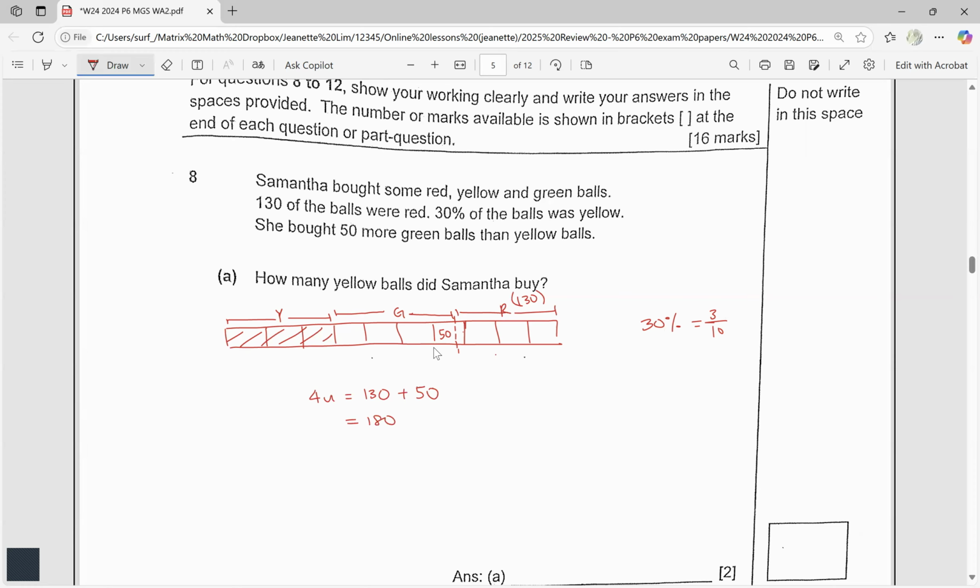To find 1 unit, 180 divided by 4, which is 45. How many yellow balls did Samantha buy? That's 3 units. So 3 times 45 is 135. That's the answer for part A.